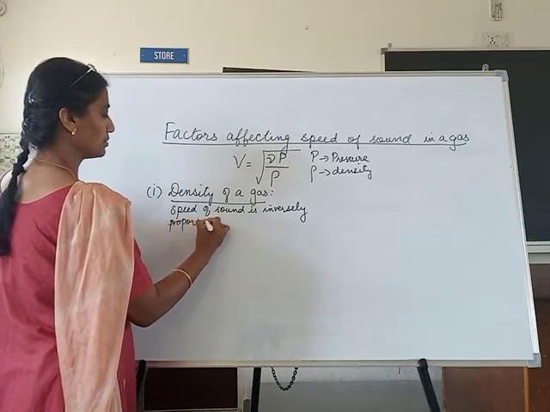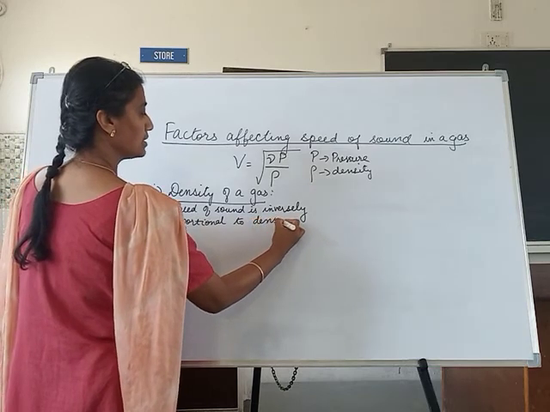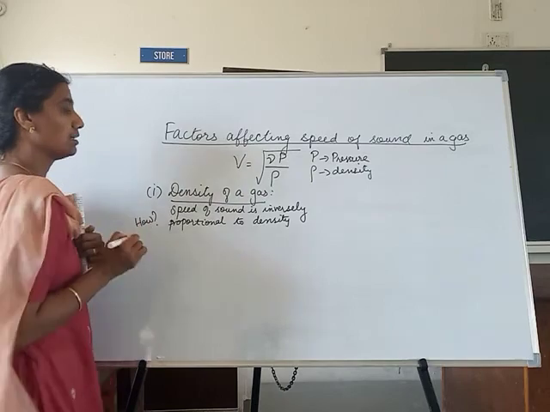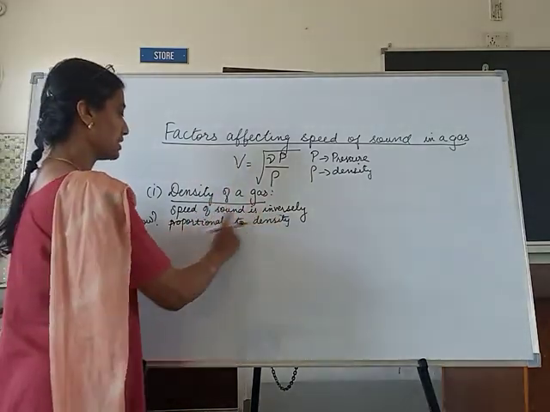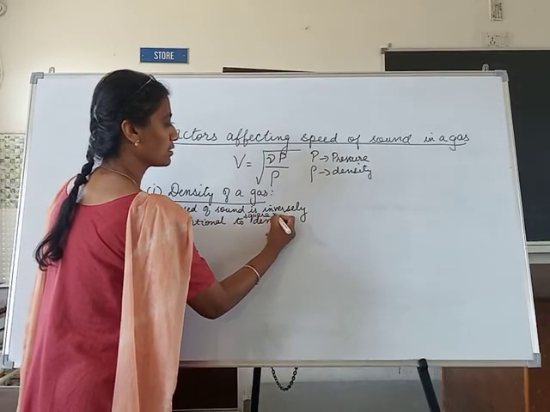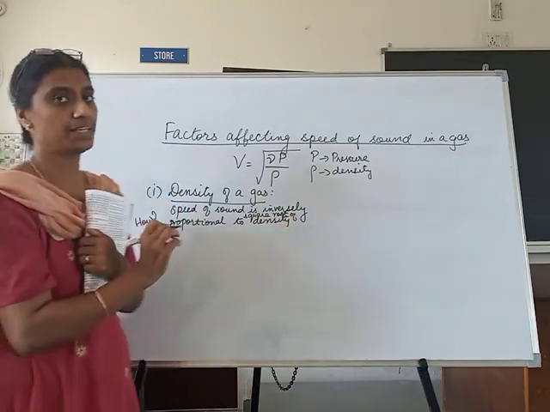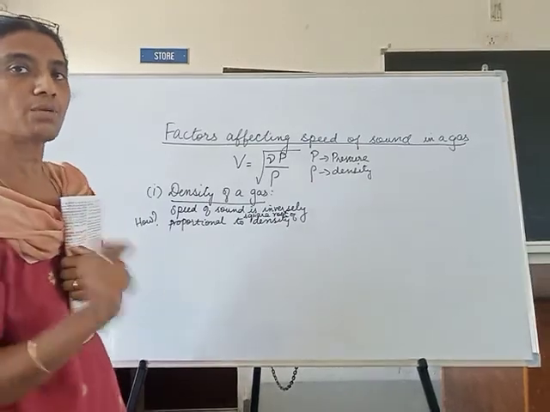This is how density of gas affects the speed of sound. You can write square root of density itself. Now you have to give an explanation. You need to support it with some proper reason.